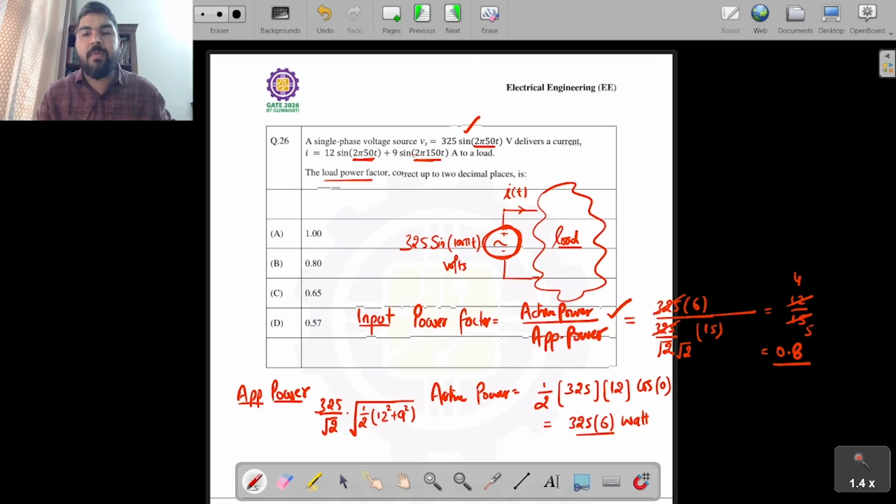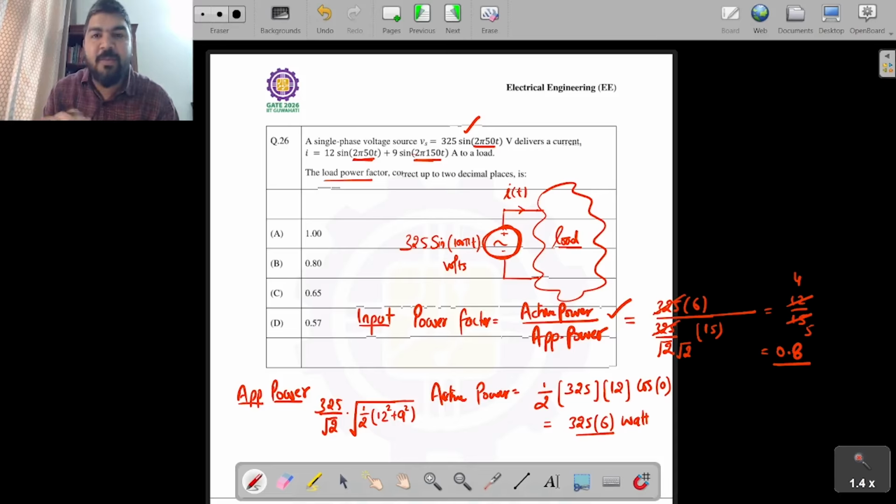But what about the load power factor? Since in this problem the circuit is not provided, it is not mentioned how the load is connected to the source. Okay, only the source voltage and the current delivered by the source to the load is given.